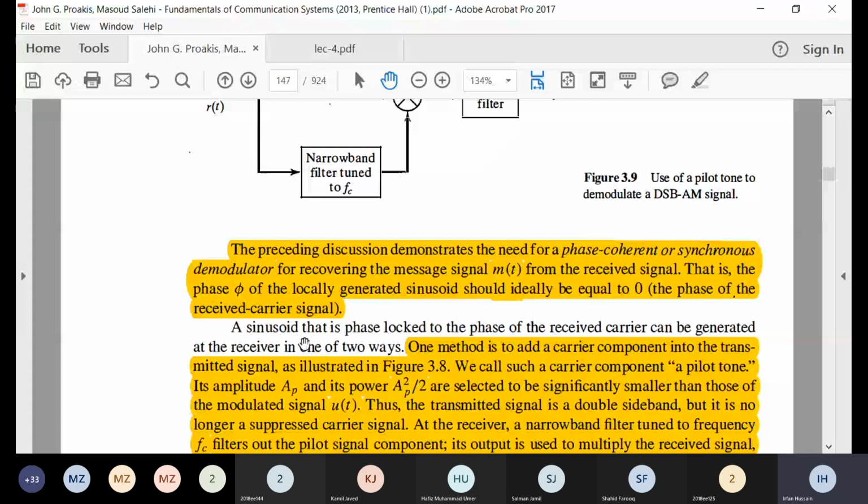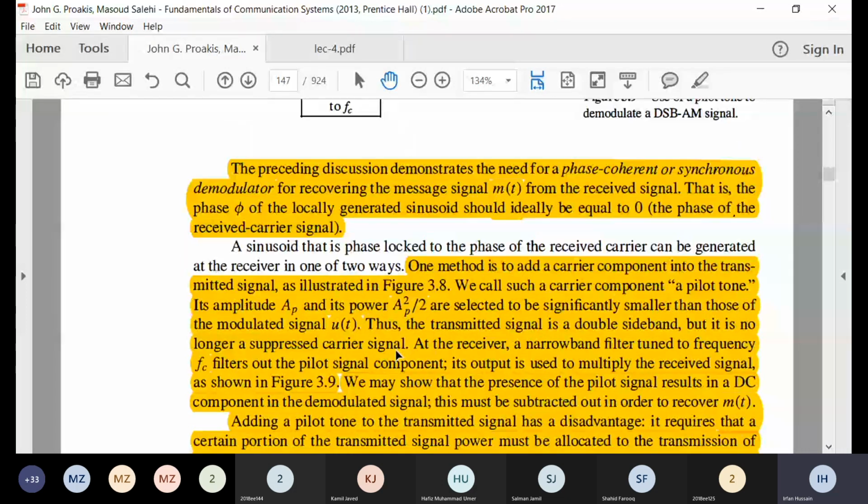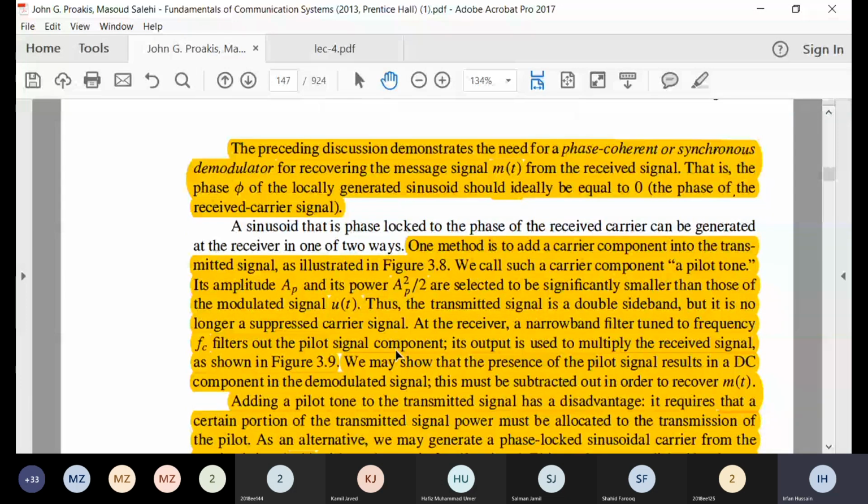Now how can this be done? This can be done in two different ways. One method is to add a carrier component into the transmitted signal, as shown in figure 3.8. We call this the pilot tone.